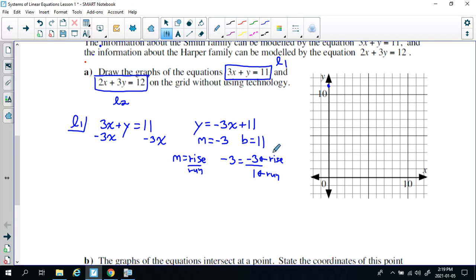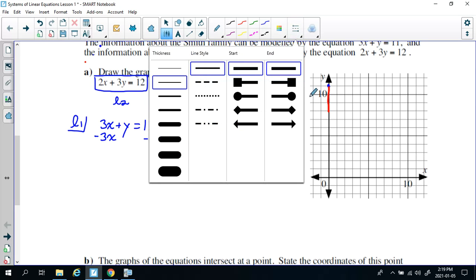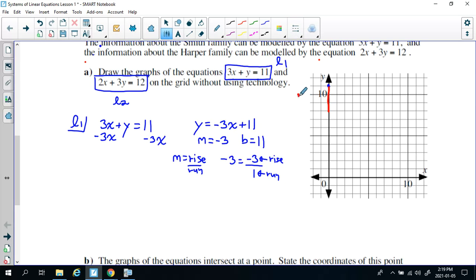Starting at the y-intercept, I'm going to go down by 3 because my rise is negative 3. So my rise is equal to negative 3. And then I'm going to go across by 1 because my run is positive 1.